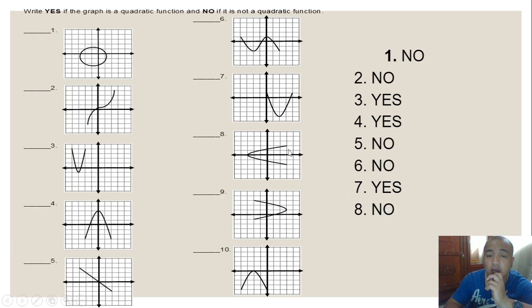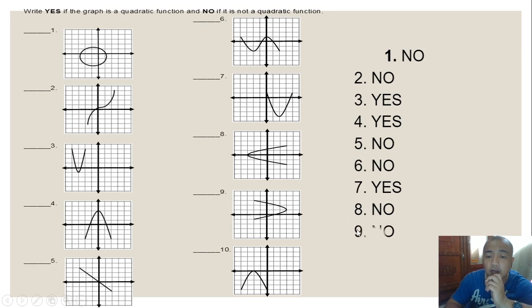Why? Because it's a parabola but not a quadratic function because it does not pass the vertical line test. Okay, pag vertical line test, it will touch the parabola twice. So no, it's not.